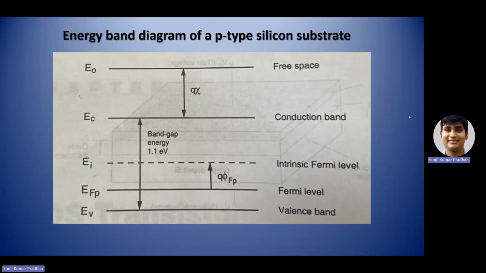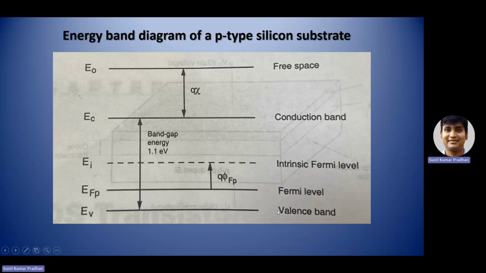So let's see now the energy band diagram of p type silicon. This is my free space, denoted as E0, and this is the conduction band edge, denoted as EC. Now the intrinsic Fermi level is denoted as EI. EFP is the Fermi level for the p-type semiconductor, F for Fermi level, P for p-type silicon, and EV is the valence band.